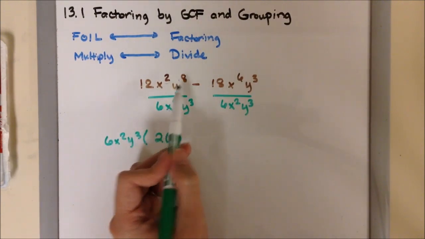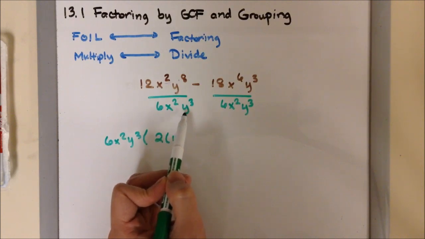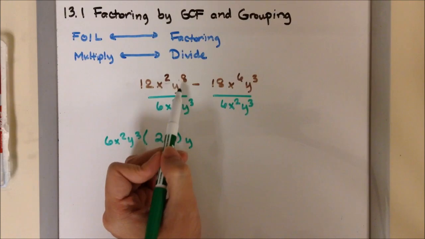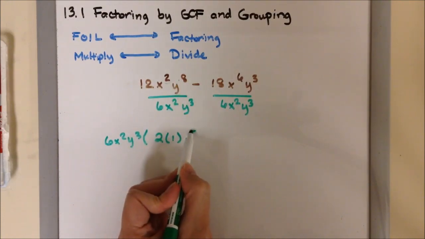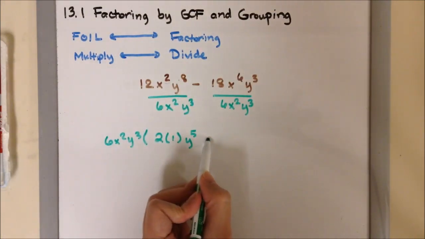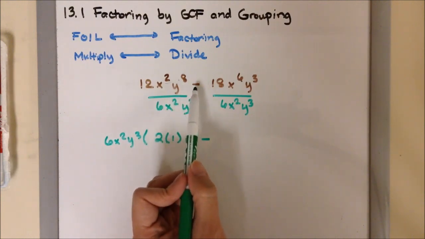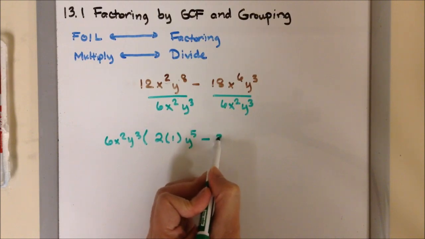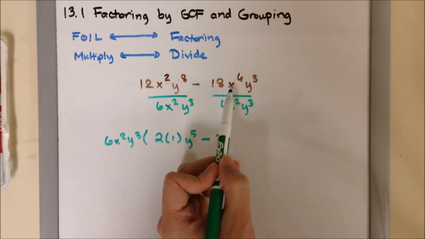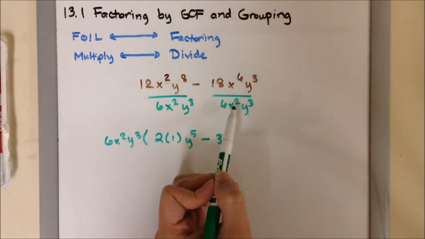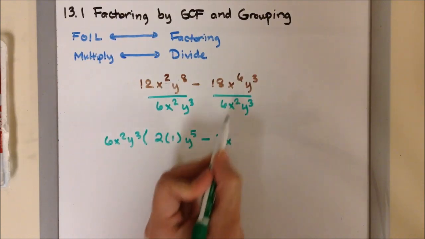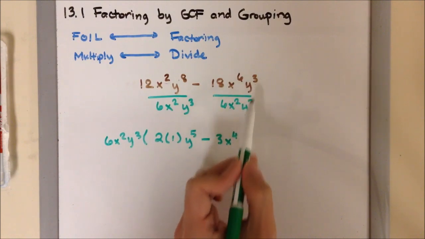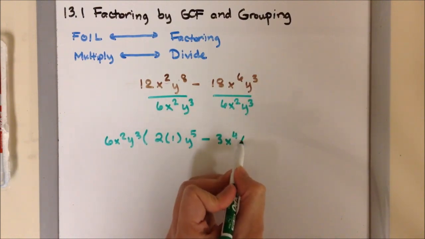And then y to the 8th divided by y to the third, we're simply going to subtract the exponents, top minus bottom, 8 minus 3, which is 5. And then minus, because negative 18 divided by 6 will be a negative 3. X to the 6th divided by x squared, here we're going to subtract the exponents, 6 minus 2, which is 4. And then y to the third divided by y to the third, that's just 1.